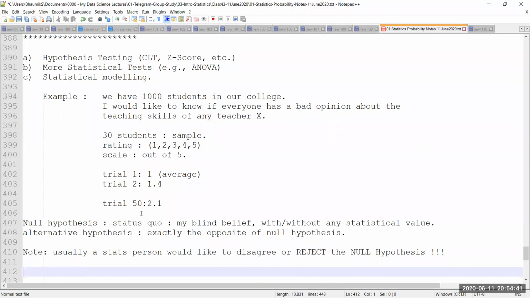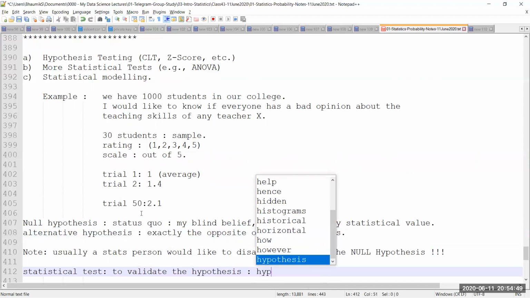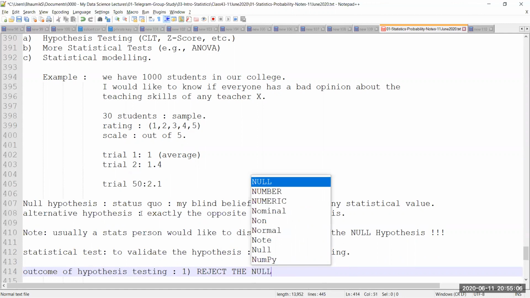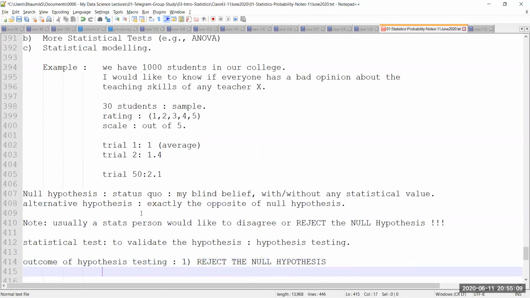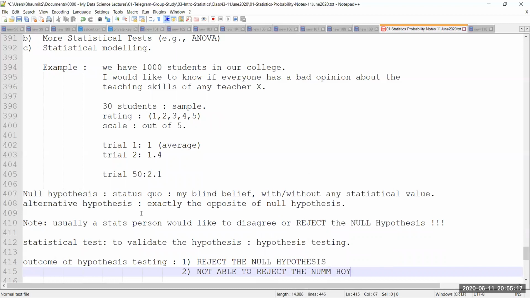This experiment, or this statistical test that I'm going to perform to validate the hypothesis, is known as hypothesis testing. And the outcome of hypothesis testing can be either I reject the null hypothesis, or I don't say accept, I say not able to reject the null hypothesis.